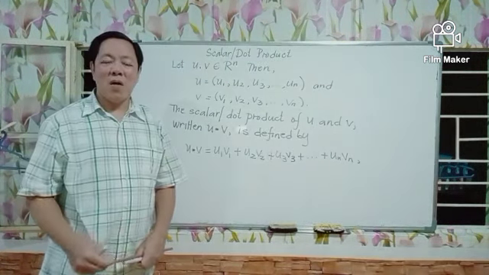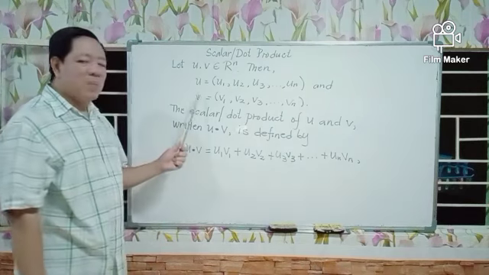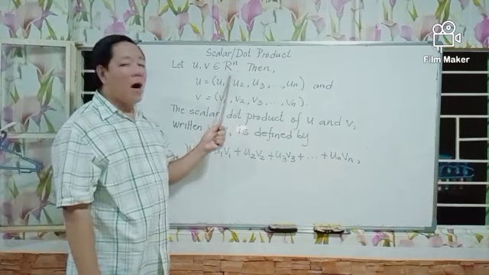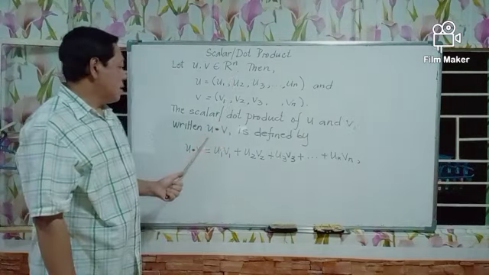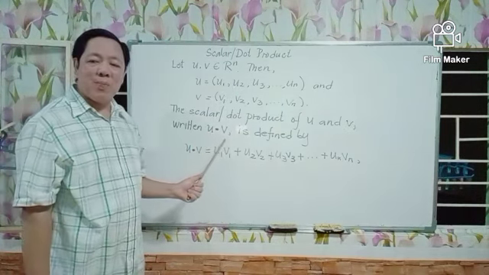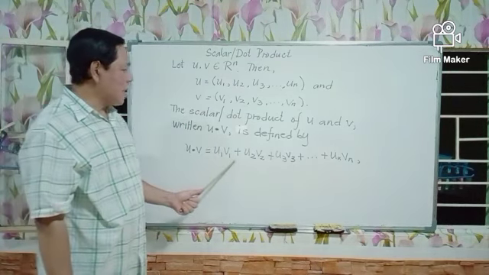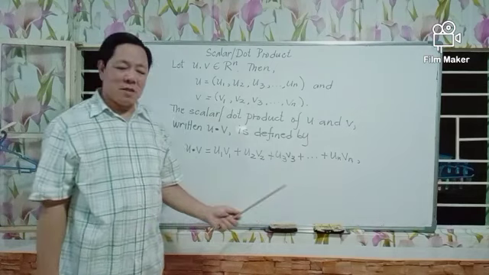The dot product or scalar product of the n tuples u and v, elements of R to the n, is denoted by this notation. You read u dot v, and u dot v is given by this sum of products.